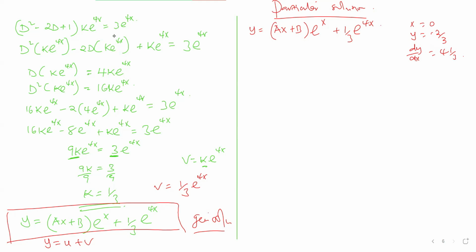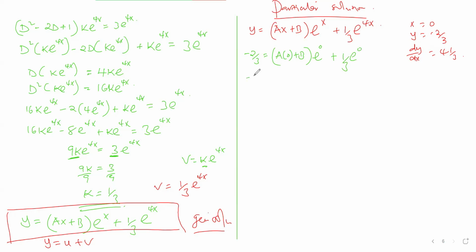So we shall have now, okay, start with the first one. We have the value of y. So our y is negative 2 over 3 equals, our x is 0, so a times 0 plus b, a exponent power 0 plus a third exponent, 4 times 0 is 0.